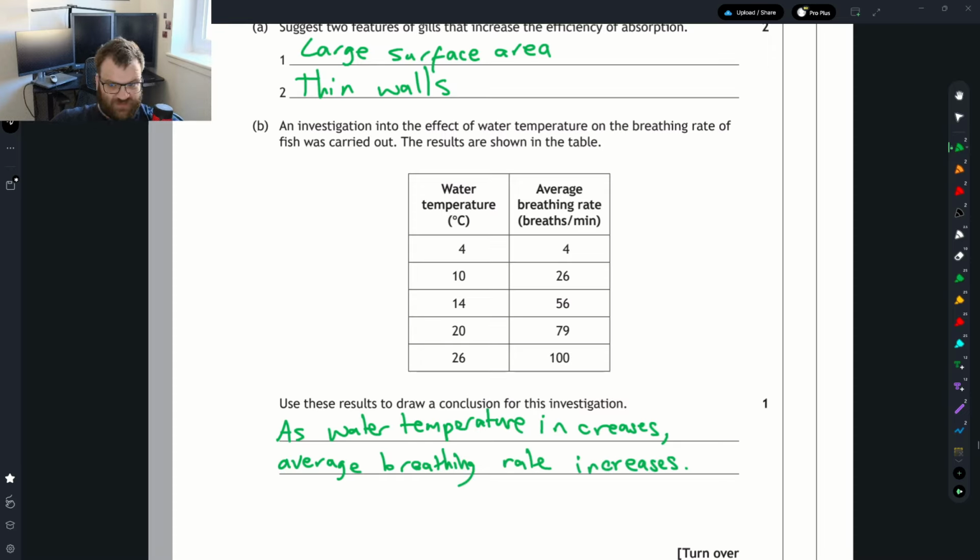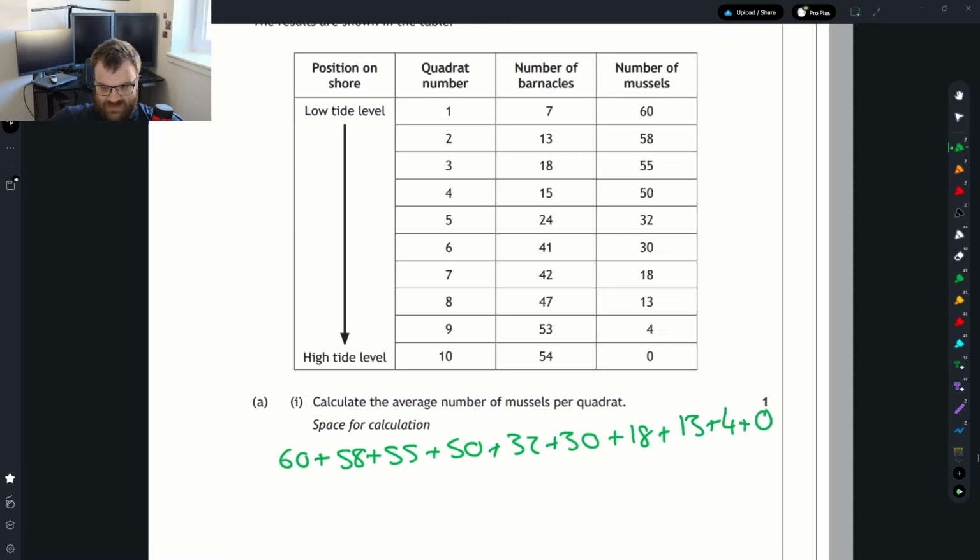Next one, we're talking about distribution of organisms on a rocky shore. We have to calculate the average number of mussels per quadrat. To get an average, we want to add all the values together and then divide by the number of numbers we added together. So 60, 58, 55, 50, 32, 30, 18, 13, 4, and 0.